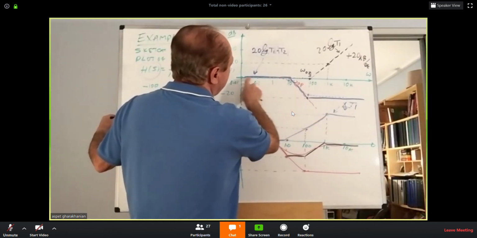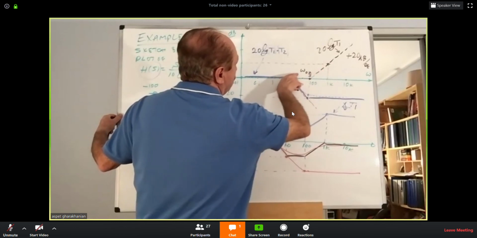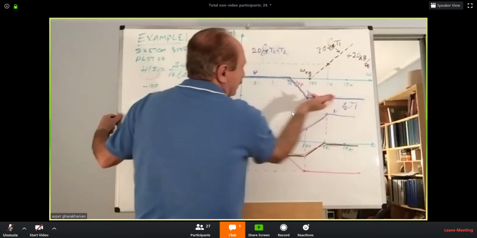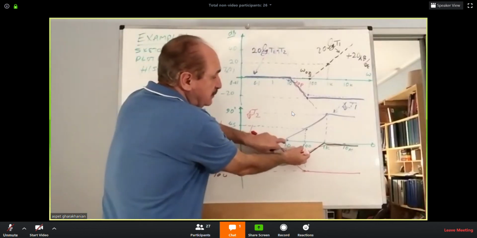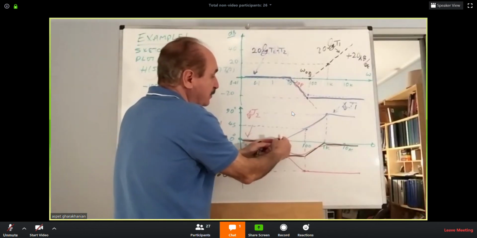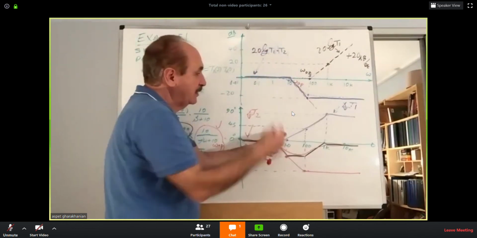So instead of going down, it would go up, ramp up, and then stay steady. It would flip this picture upward, and it would flip the phase angle upward. And I would be getting a phase lead, so the output would be leading.